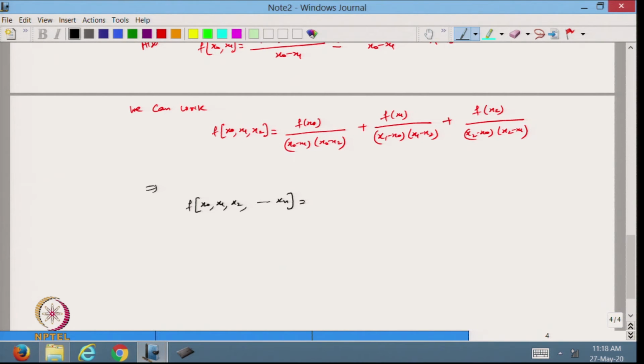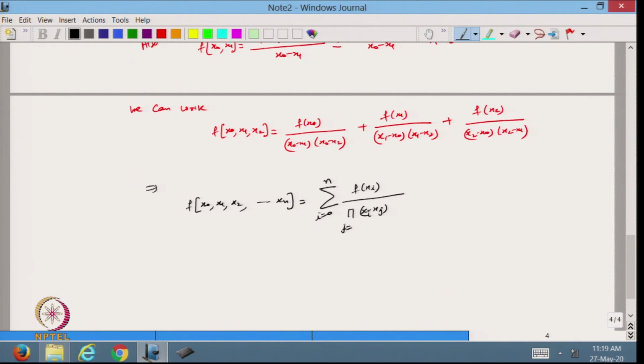So from here I can directly write the nth order divided difference. This will be the summation of all f(xi) divided by the product of all (xi minus xj). So I am moving from 0 to n, taking x0, x1, x2, all. Here I should take i and here I should take j.